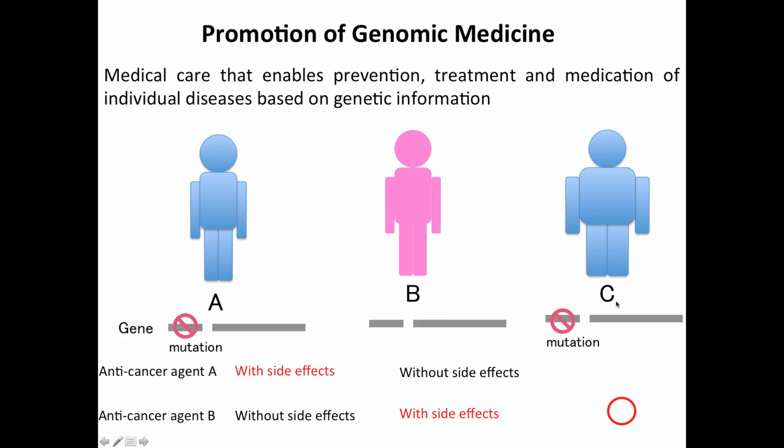In the case of person C, the genomic type of C is similar to A. It means that person C should choose anti-cancer agent B, even if C didn't try anti-cancer agent A. It's very useful for us to get the right anti-cancer agent.